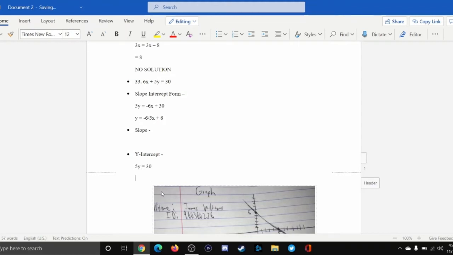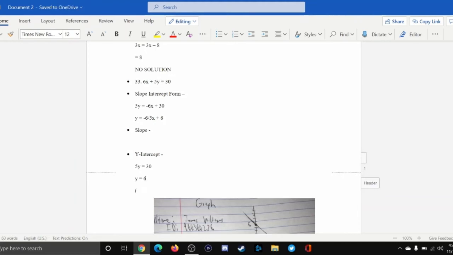From there we divide once again, so y equals 30 divided by 5, which is 6. If we write that as the intercept, we get 0, 6, and that's the y-intercept.